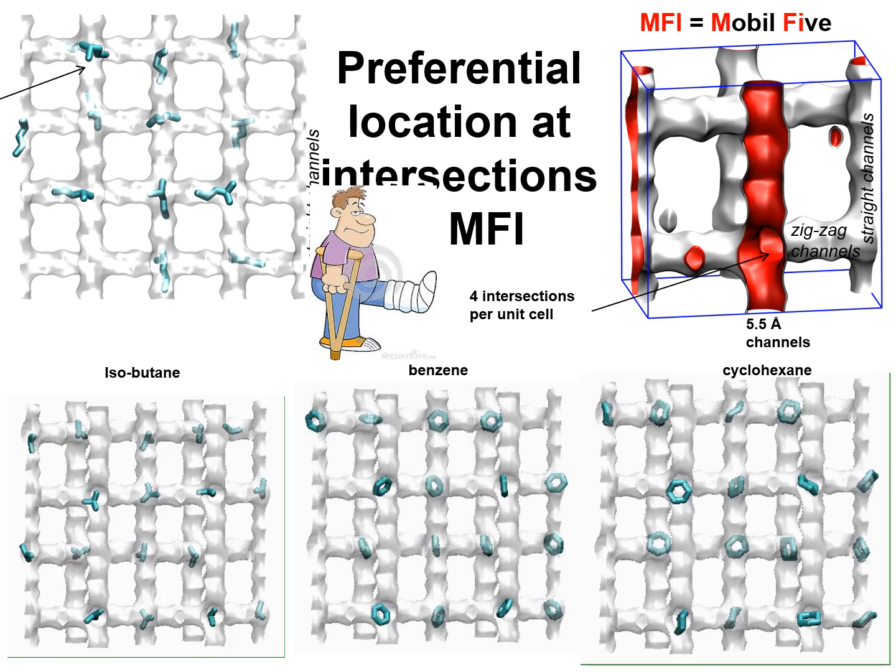And there are only 4 intersection sites per unit cell, and therefore the saturation capacity at, say, a pressure of 10 to the 4 pascals is about 4 molecules per unit cell. Only if you go to a very high pressure, say 1 megapascal, can you manage to locate 2-methylpentane within the channels.